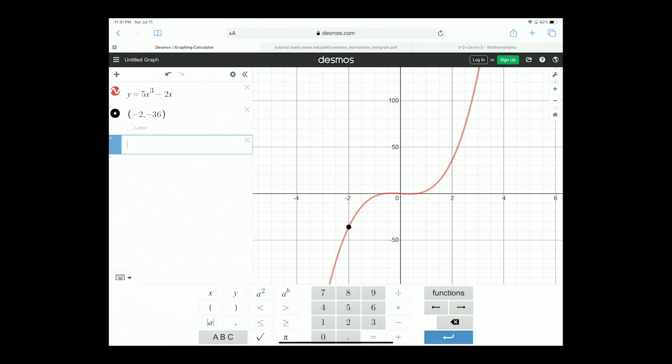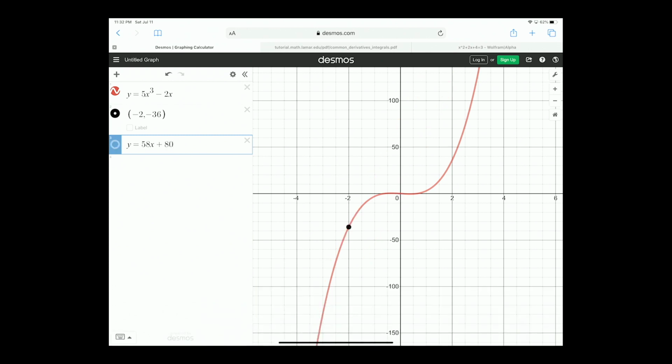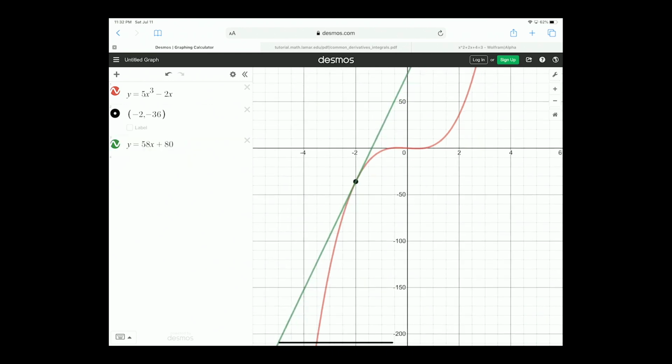All right, now let me plot this tangent line. y equals 58x plus 80. So do you see?